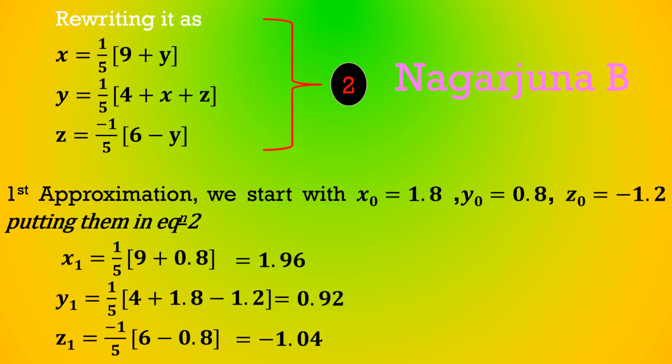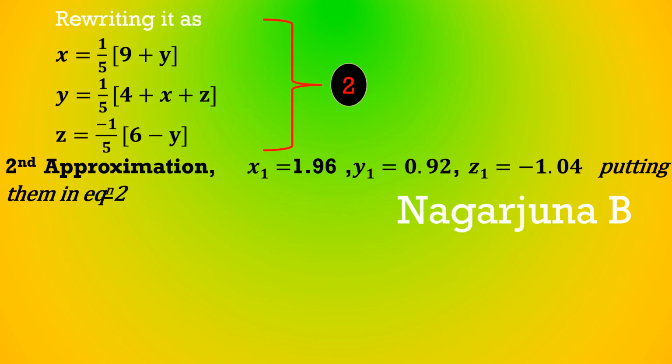These values you have to consider for the second approximation. From the first approximation, we got x value as 1.96, y1 as 0.92 and z1 as minus 1.04. Substituting these in the right hand side of system of equation 2, we get the second approximation, that is x2, y2 and z2 values.